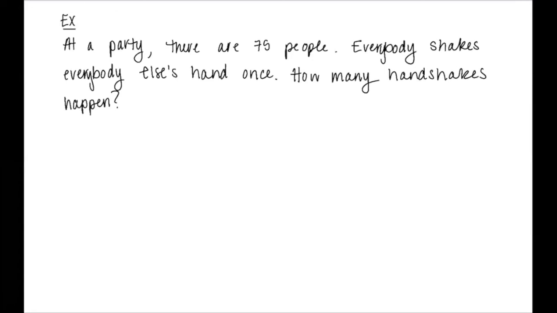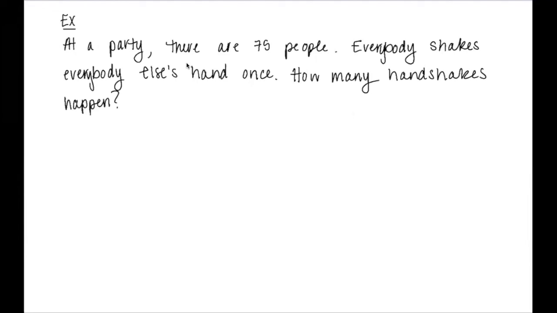So kind of strange, doesn't seem like it would really be fitting this combination, but I think we're basically going to pair people up. I've got this one person and he's going to shake hands with 74 other people. Now moving on to the second one, he already shook hands with the first guy, so he has 73 people that he's going to shake hands with. And it kind of is going to pair people up, but again, the order doesn't matter.